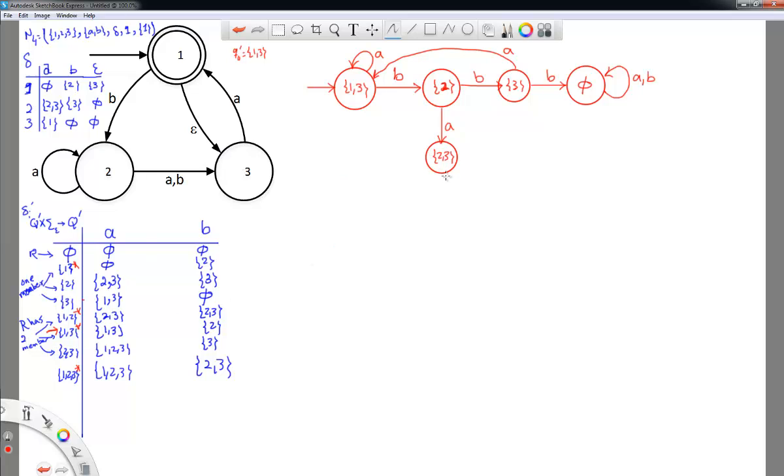So state 2 and 3 with a B transition goes to state 3. And then with an A transition, it goes to state 1, 2, 3. So along an A transition, you go to a new state called 1, 2, 3.